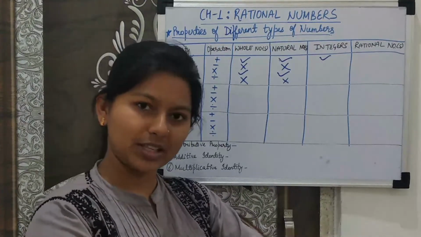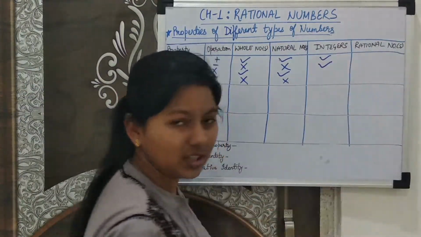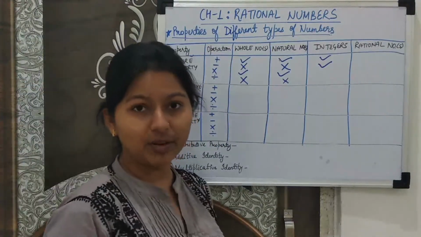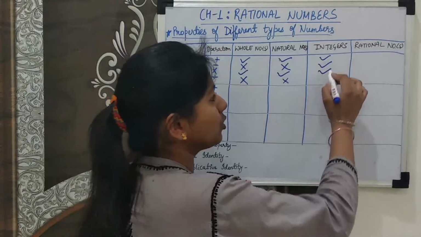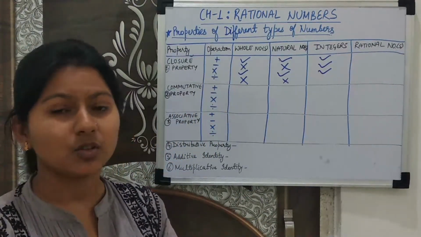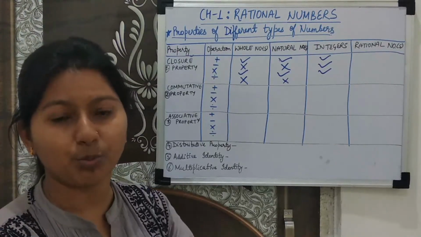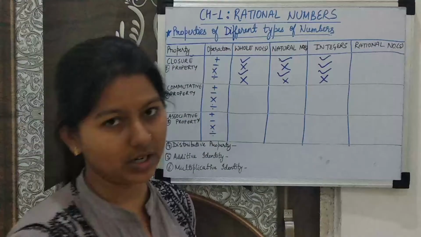So integers are closed under subtraction. When we multiply, 3 sevens are 21, again it is closed. But when we divide 3 upon 7, 3 upon 7 is not in the group of integers. So integers are not closed under division.